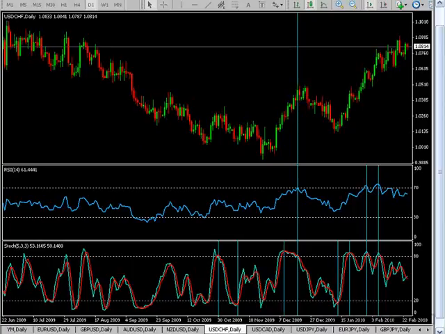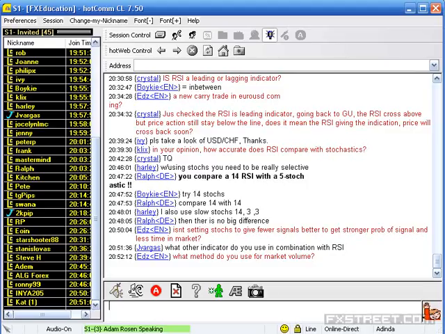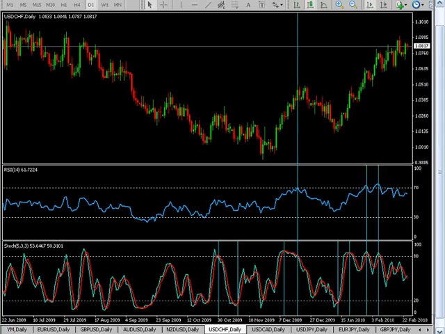What method to use for market volume? In the foreign exchange market, I really don't pay attention to volume because volume is not very accurate, in the sense that we can't really know if one broker is reporting the volume for their book. If we trade stocks on the New York Stock Exchange, we know the volume represents all the stocks traded on the exchange.